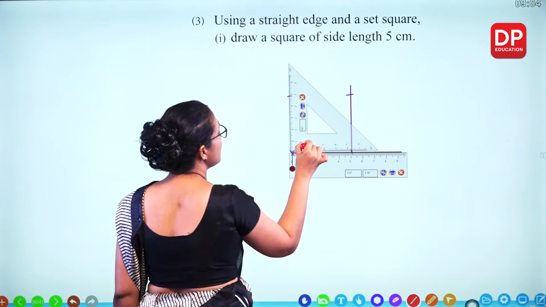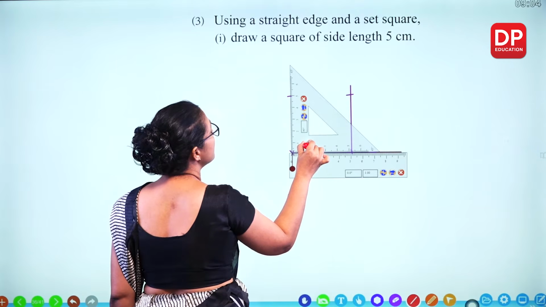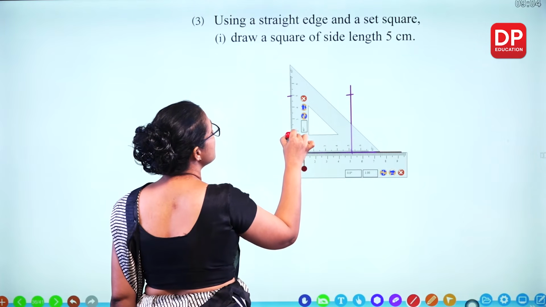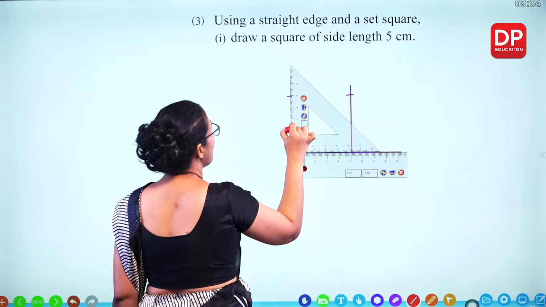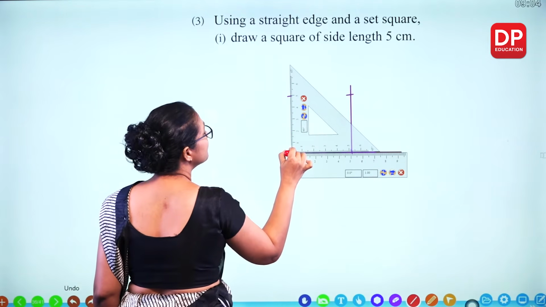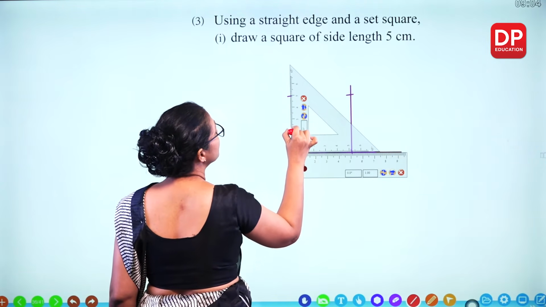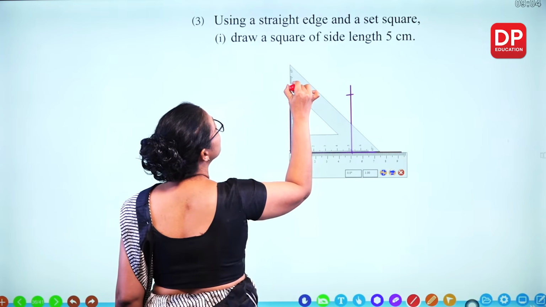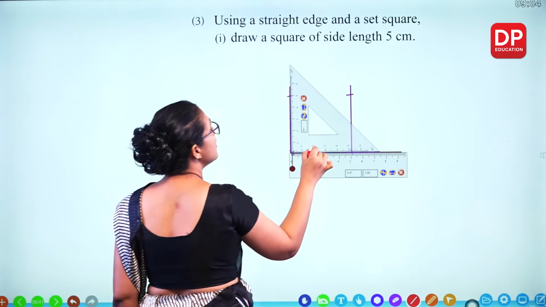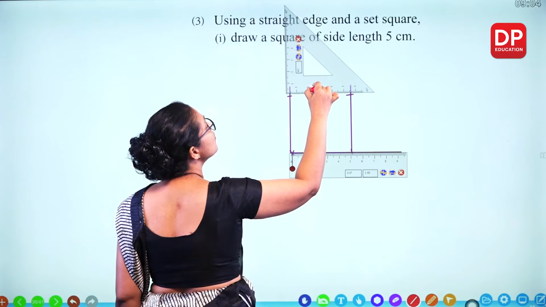Here also you can draw the line 5 centimeter from here. And then you can connect the 2 points.